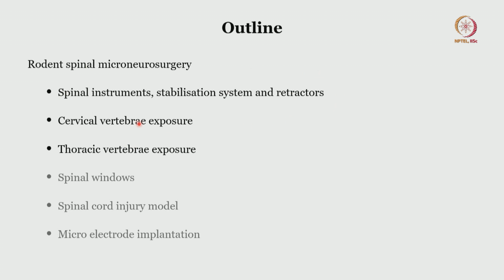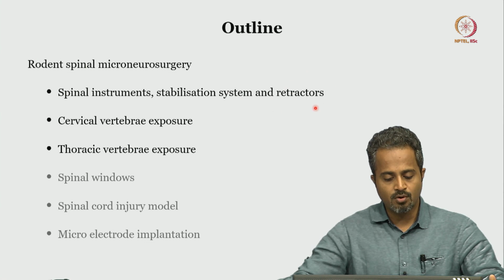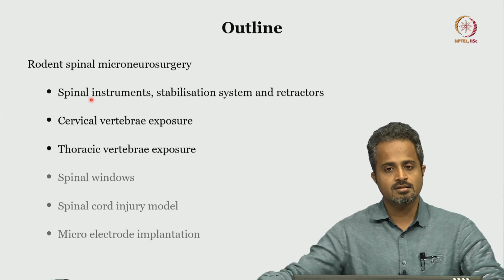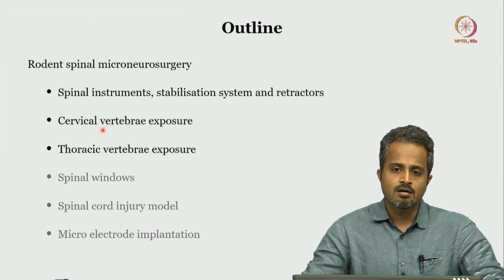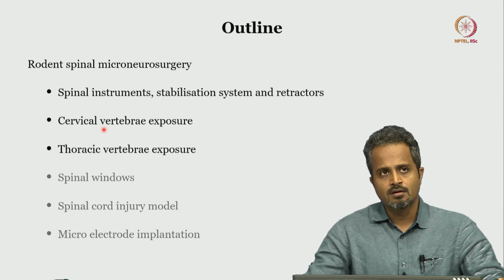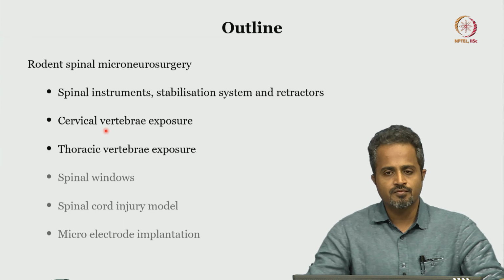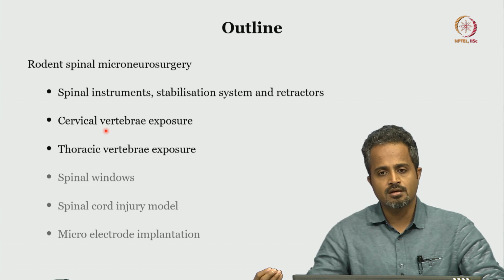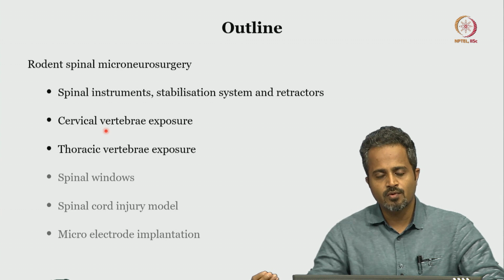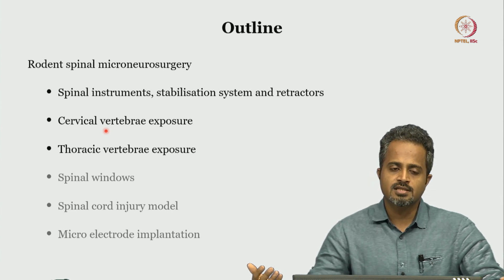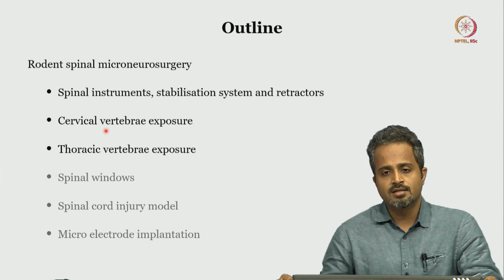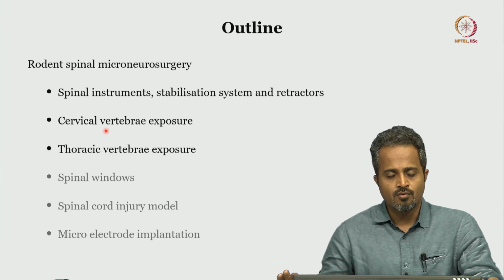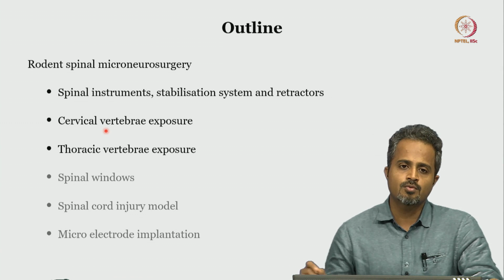I'll walk you through the instrument stabilization system and the retractors, because that forms a very important aspect in the entire spinal surgery. As I said earlier, we are dealing with a very focal part of the spinal cord, and you're trying to expose a small segment to create injury, to inject viral vehicles, to inject drugs, or even to drain the CSF and do microdialysis, for whatever spinal neurosurgical procedure you're planning.